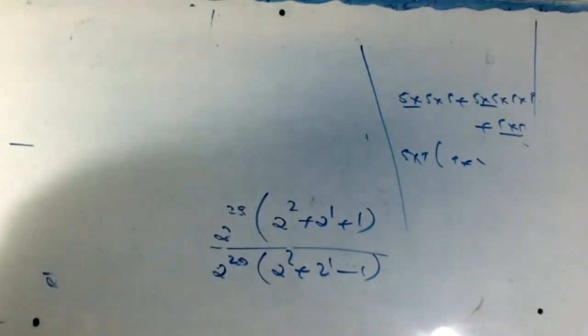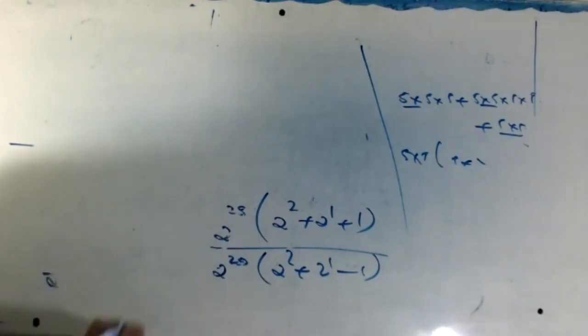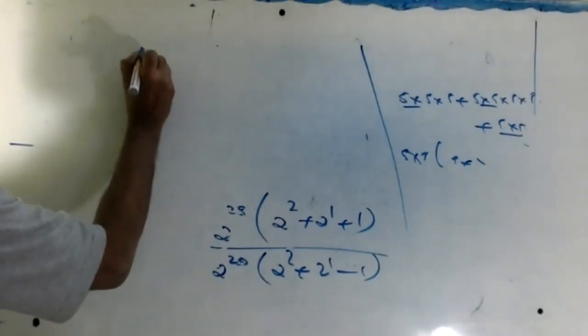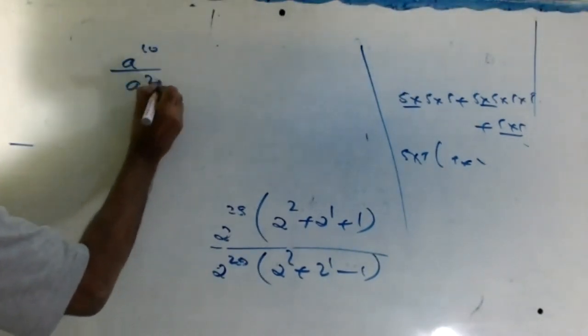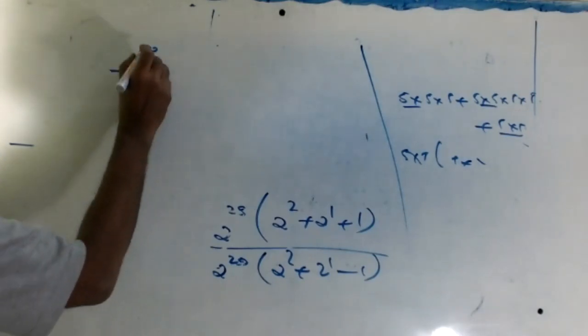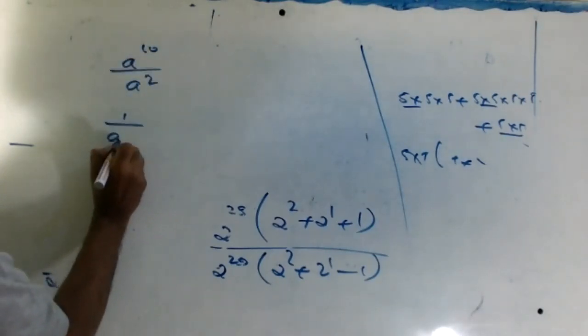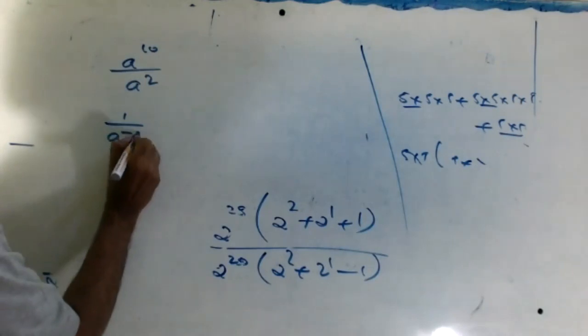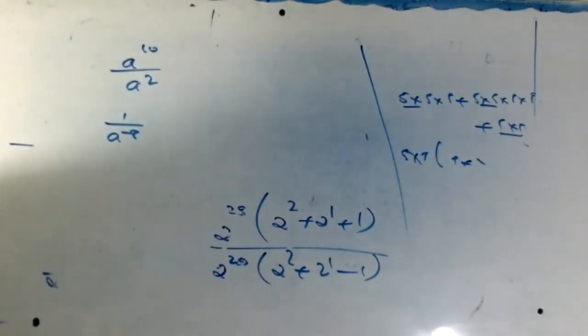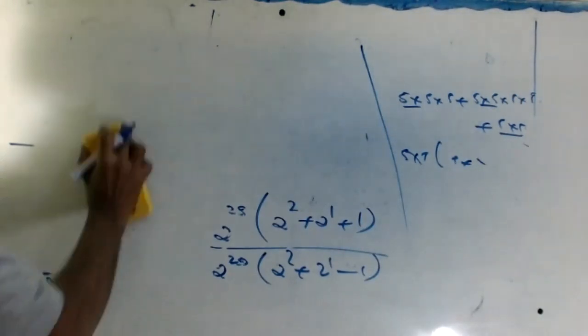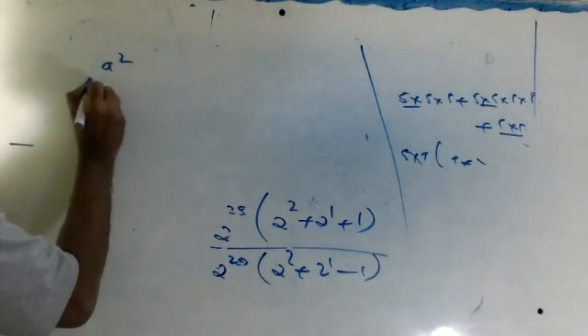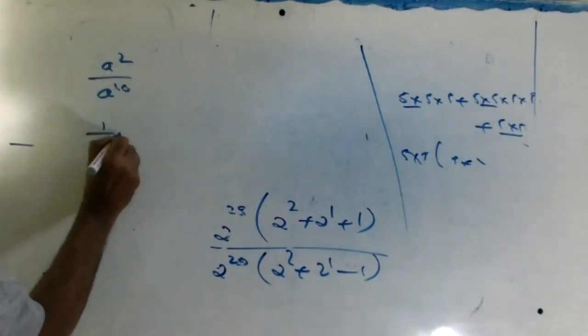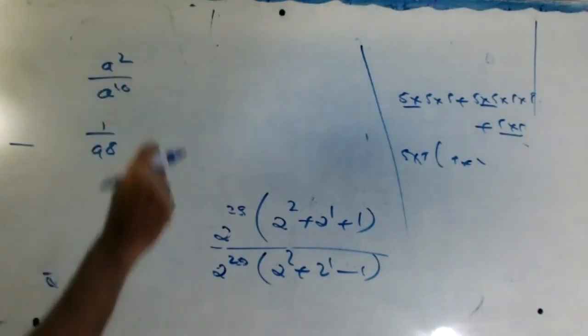See, a raised to 10 divided by a square, we can write as 1 by a raised to 10 minus 8. Or a square divided by a raised to 10, we can write 1 by a raised to 8, that is 10 minus 2.